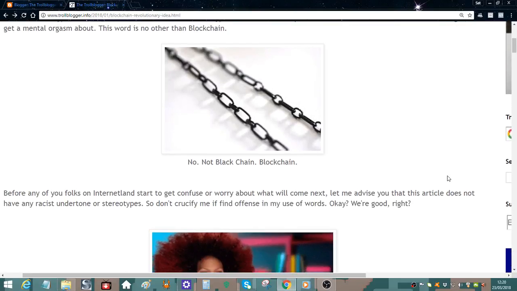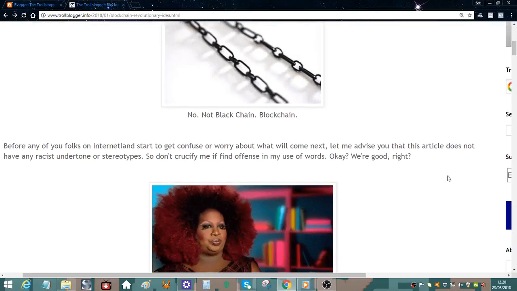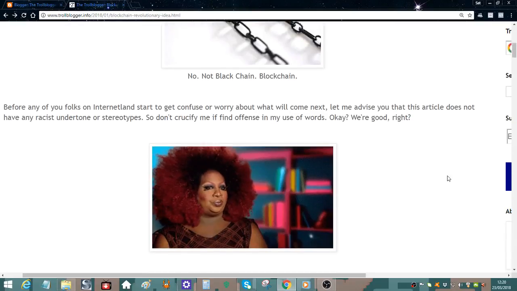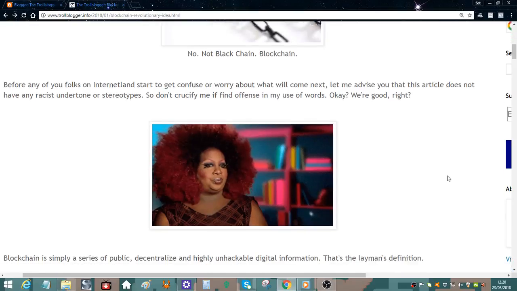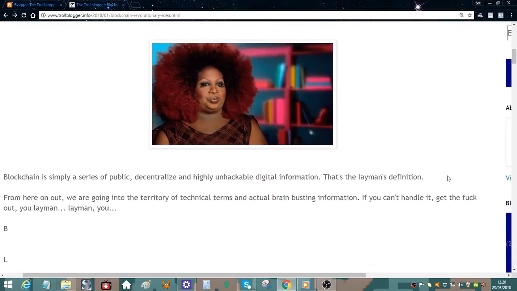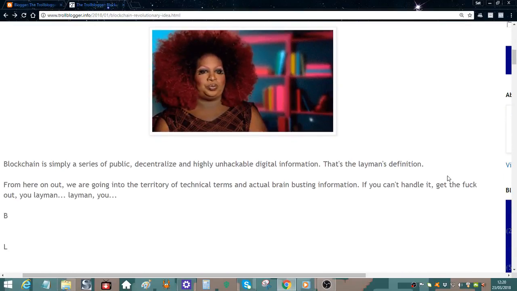Before any of you folks on internet land start to get confused or worry about what will come next, let me advise you that this article does not have any racist undertone or stereotypes. So don't crucify me if you somehow find offense in my use of words. Okay? We're good, right? Blockchain is simply a series of public, decentralized and highly unhackable digital information.